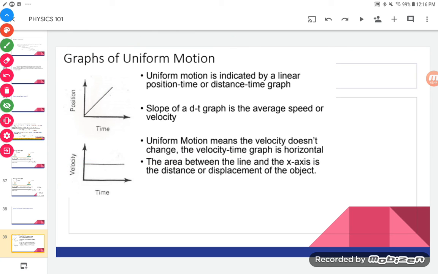The area between the line and the x-axis is the distance or displacement of the object, okay? So for this one right here, the area underneath the graph at any given point is the distance or displacement, depending on whether you're talking about velocity or speed over here, okay?